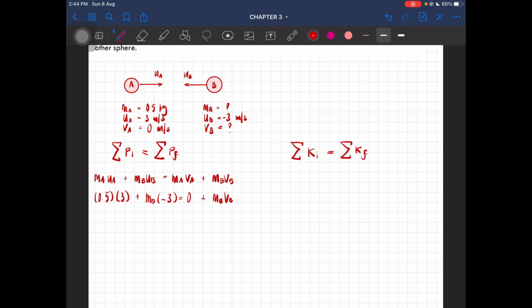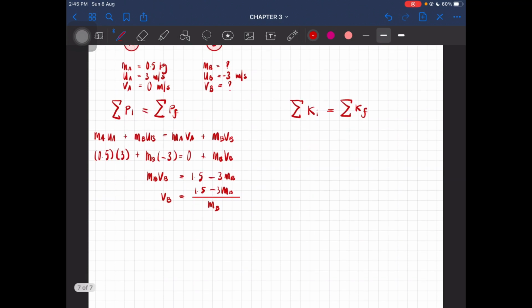So we have MBVB equal to 1.5 minus 3 MB, over MB. So we can then let the final velocity of B be this equation. Okay, so this is equation 1.